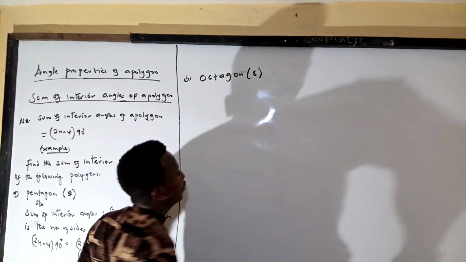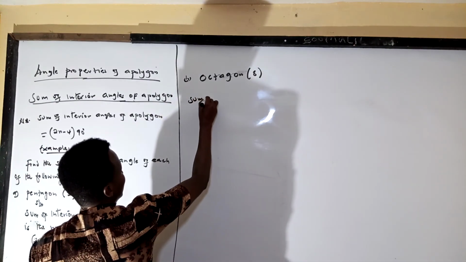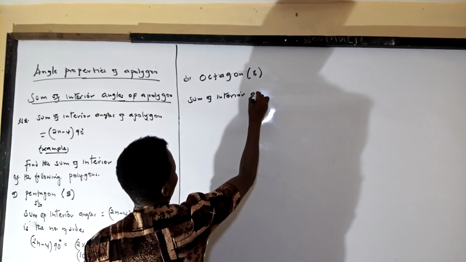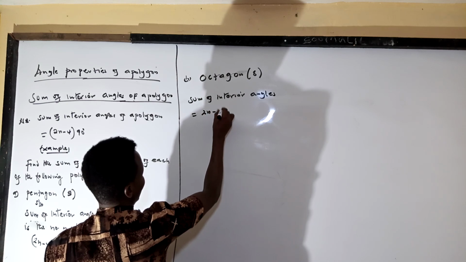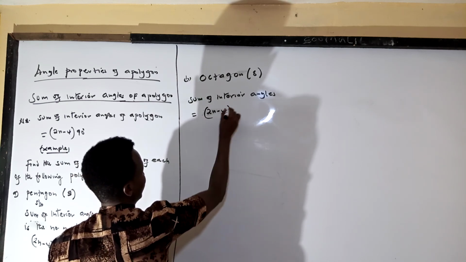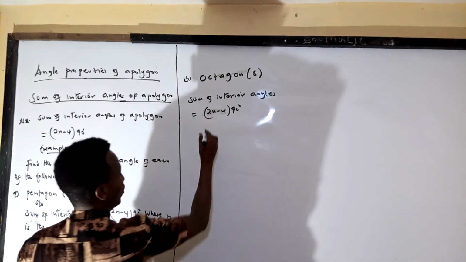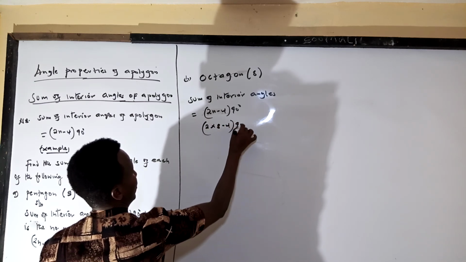But we still know that the sum of interior angles is equal to (2n minus 4) times 90, where n is 8 this time. Then we're going to say 2 times 8 minus 4, times 90.